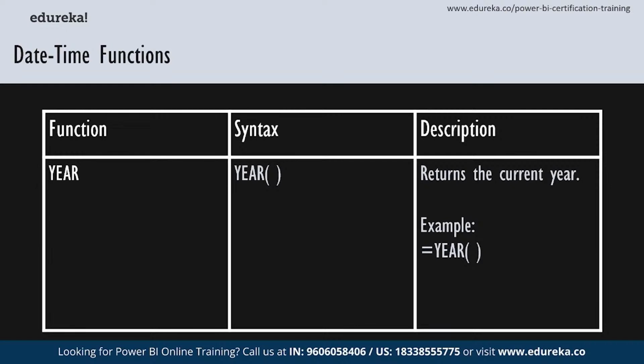Keep in mind that errors may arise if the format of strings is incompatible with the current locale settings, and you'll have to take care of it as you go along. Another function, like the TODAY function, is the NOW function, which returns not just the date but also the time in datetime format.